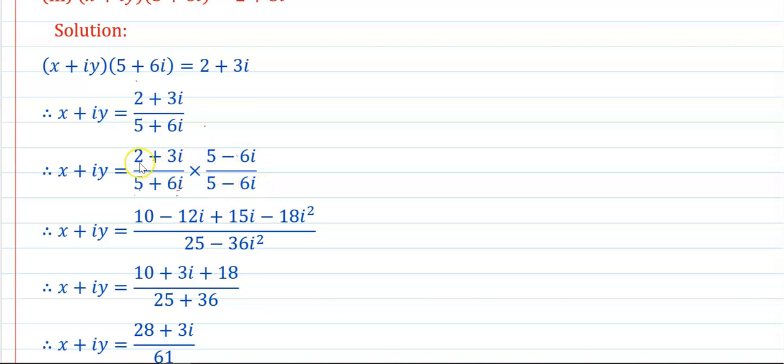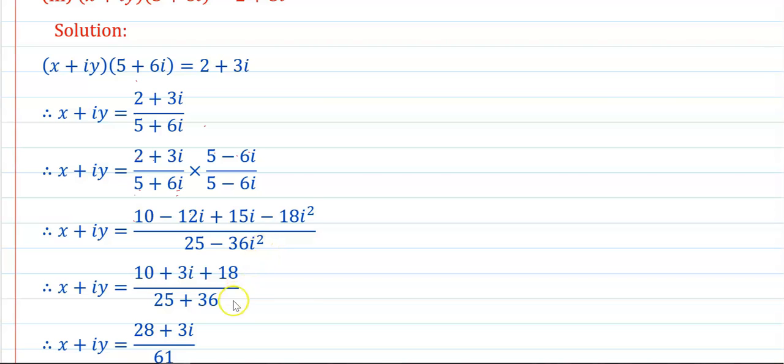The product of these two: 2 into 5 you will get 10, 2 into minus 6i you will get minus 12i, and next is 3i into 5 you will get 15i, plus 3i into minus 6i, that is minus 18i square. And in the denominator, 5 square minus 6i square means 36i square. i square is minus 1.